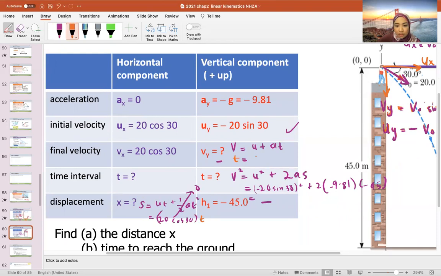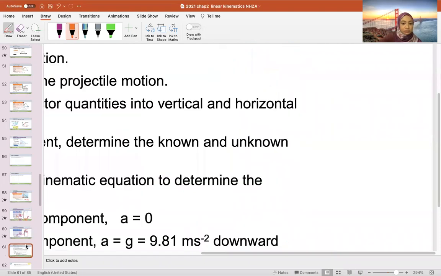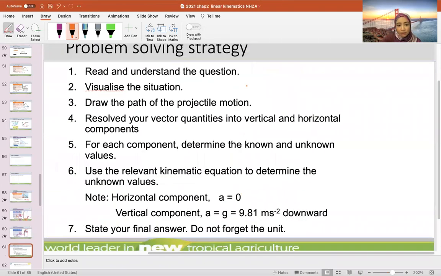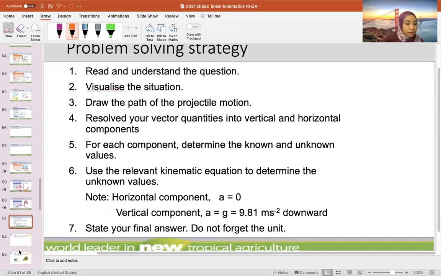We got t as something and we got v as something. Okay, so it's the same steps except that we had to know that when we resolve this, it's negative. That's the difference. Everything else is the same. So now I think we are ready to solve some questions. I mean, you are ready to solve on your own.